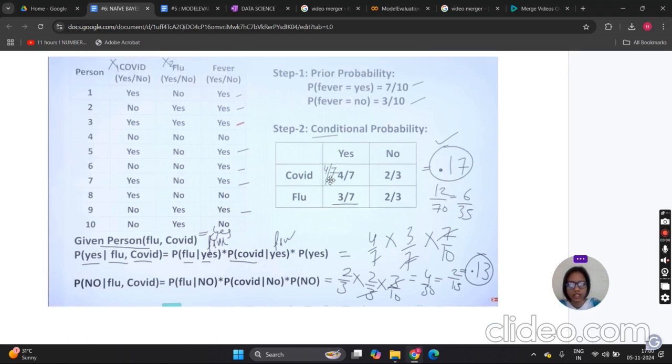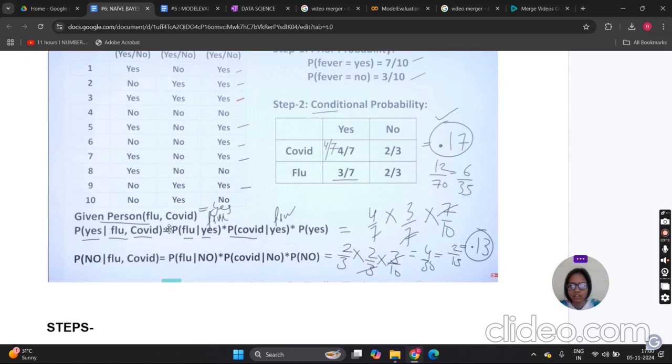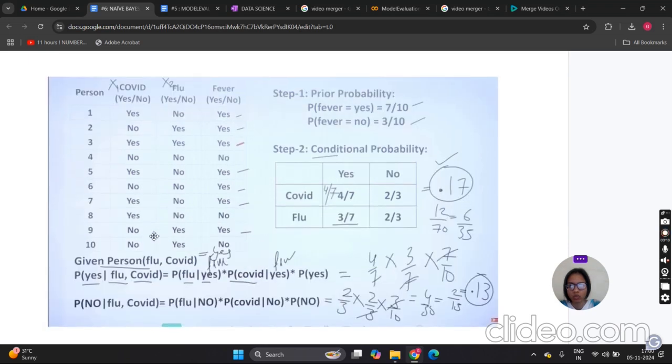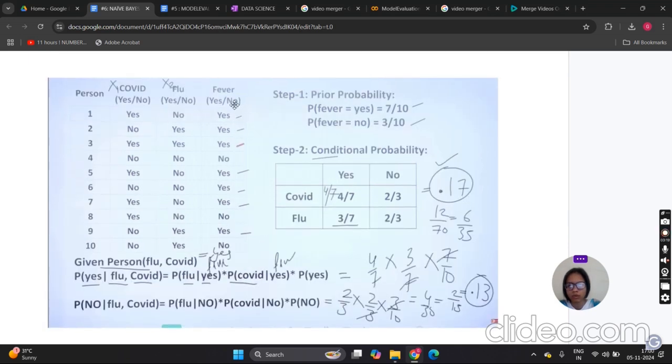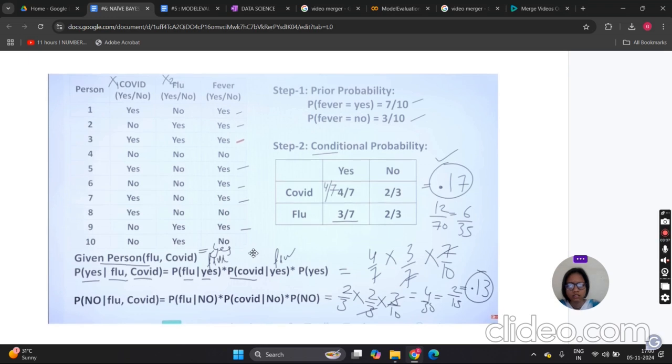COVID, flu, yes and no, this is a probability. Using conditional probability we calculate given a person has flu and COVID. The probability of yes, given flu and COVID, is equal to the probability of flu yes into the probability of COVID yes into the probability of yes. This is for the prediction of yes, if a person suffers from flu and COVID, whether they suffer from fever.